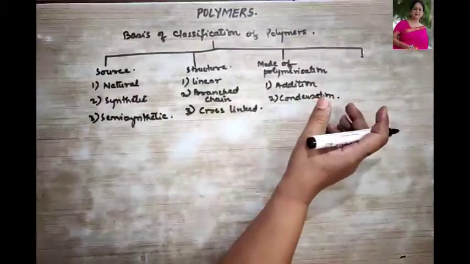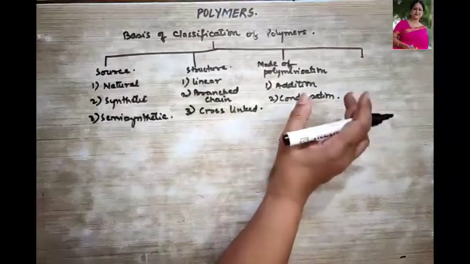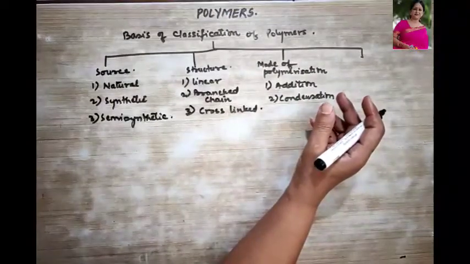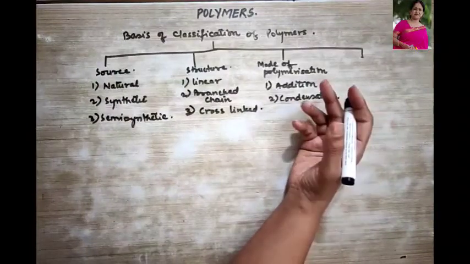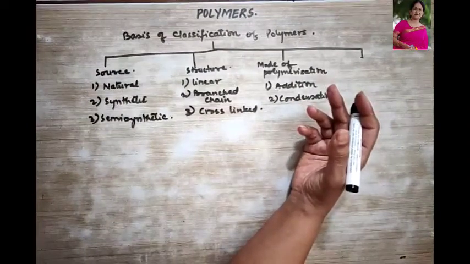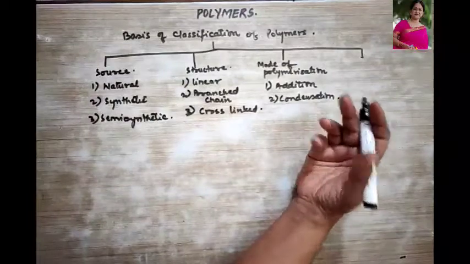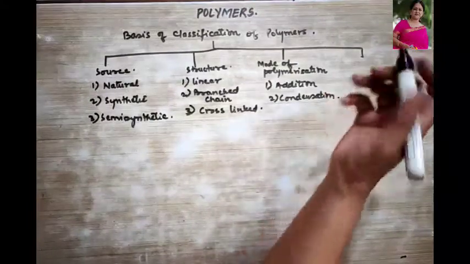Then the nature of predominant intermolecular force of attraction, an important property. Based on the molecular forces, polymers have been classified as elastomers, fibers, thermoplastics or thermosetting.